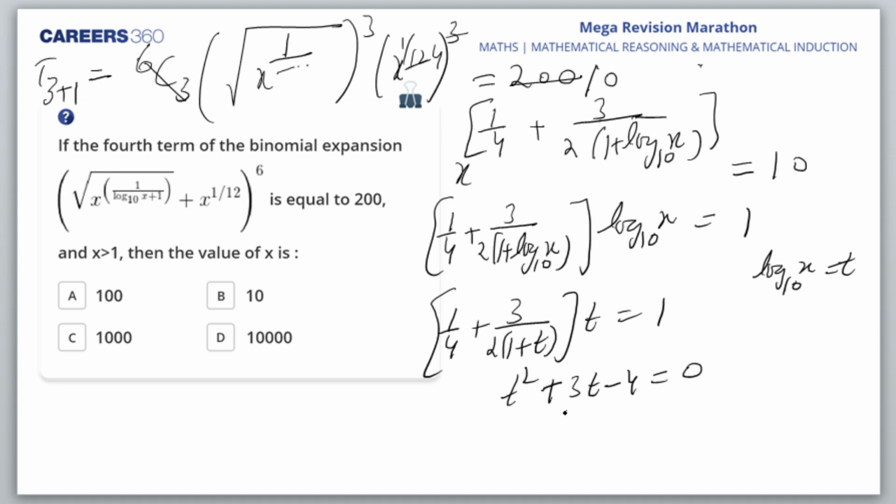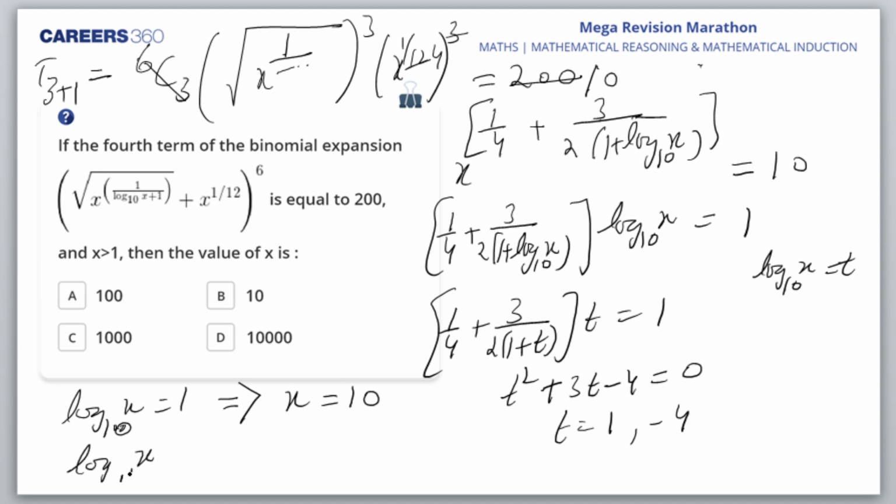So we get t is equal to 1 and minus 4. So log x to the base 10 is equal to 1. That means x is 10. And log x to the base 10 equal to minus 4 gives me x equal to 10 raised to power minus 4.